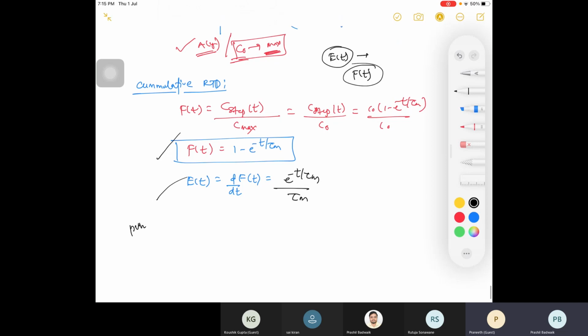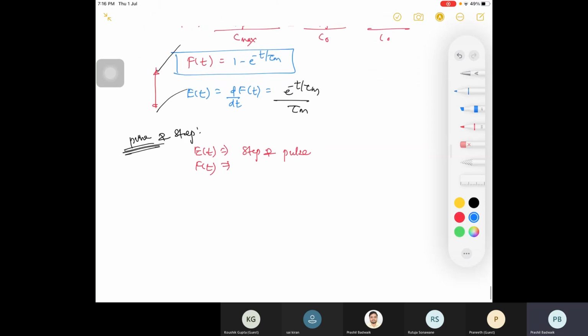In case of pulse and in case of step tracer injection, because the non-ideality is same in that reactor, we are considering a single reactor and doing the experiment over that reactor only, so definitely you will have the same non-ideality. So your E(t) and F(t) in both step and pulse will be same, but your C(t) curve may vary.